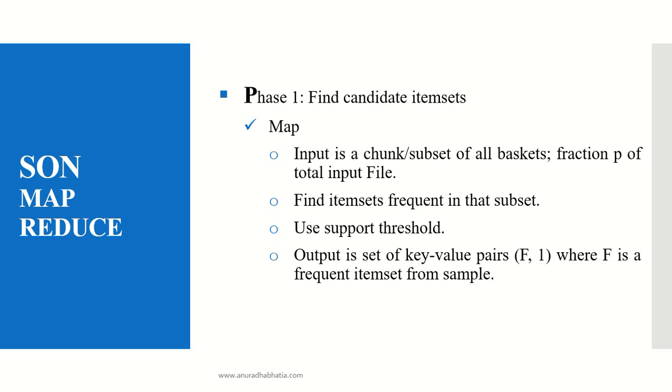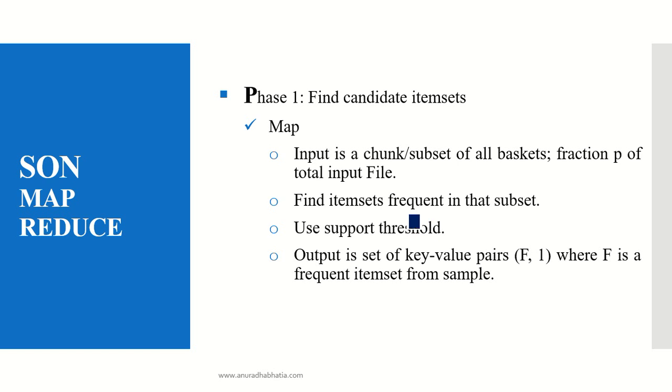Now in phase 1, I find the candidate item sets. How does my mapper work? For the SON mapper, I input the chunk subset of the baskets, fraction P of the total file input. So I need to find out the support for each of my inputs. Now find the item sets frequent in that particular subset.